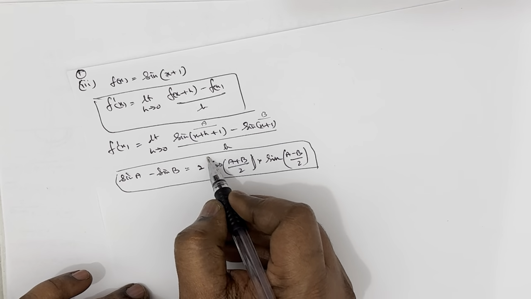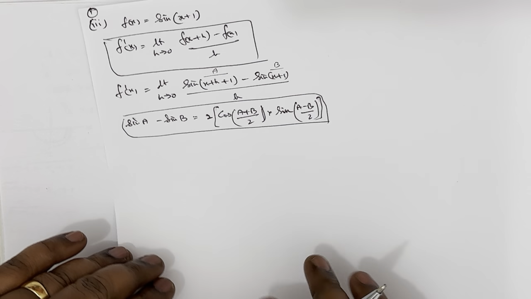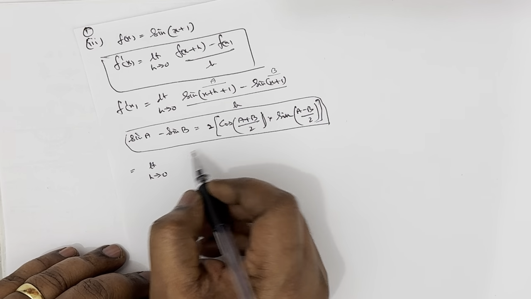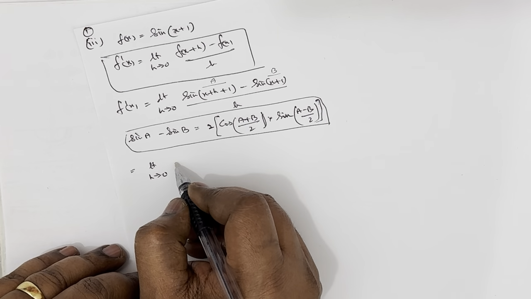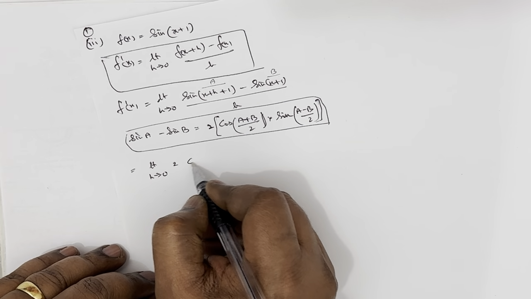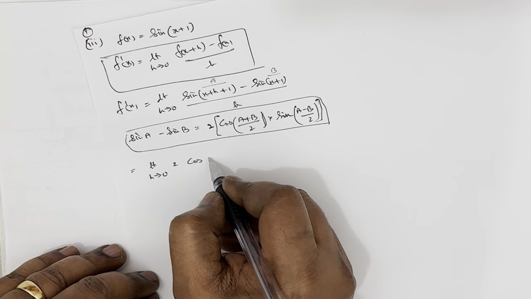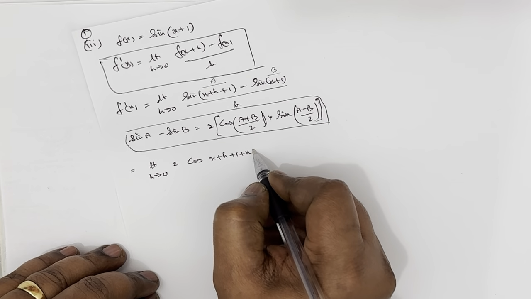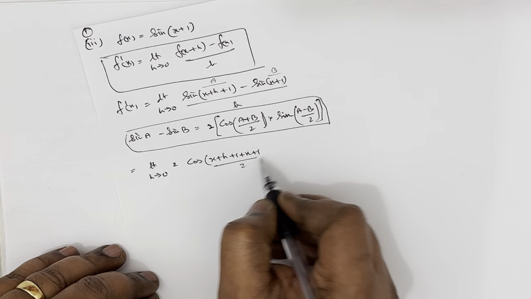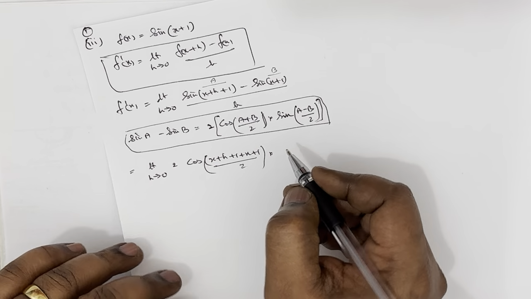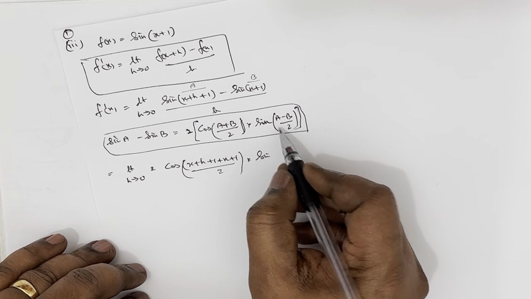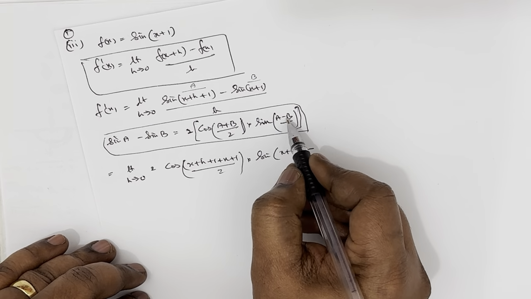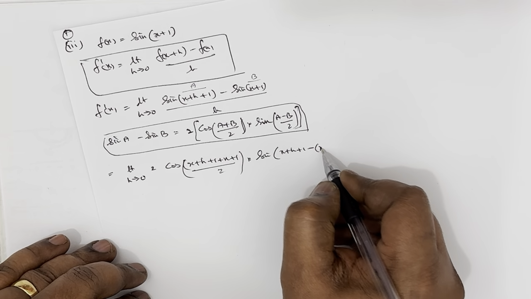Okay, let 2 be separately common. So we have limit h tends to 0, 2 cos a, now this is a, so x plus h plus 1 plus b, this is b, plus x plus 1, upon 2, into sine a is this one, x plus h plus 1 minus b is this one, x plus 1.